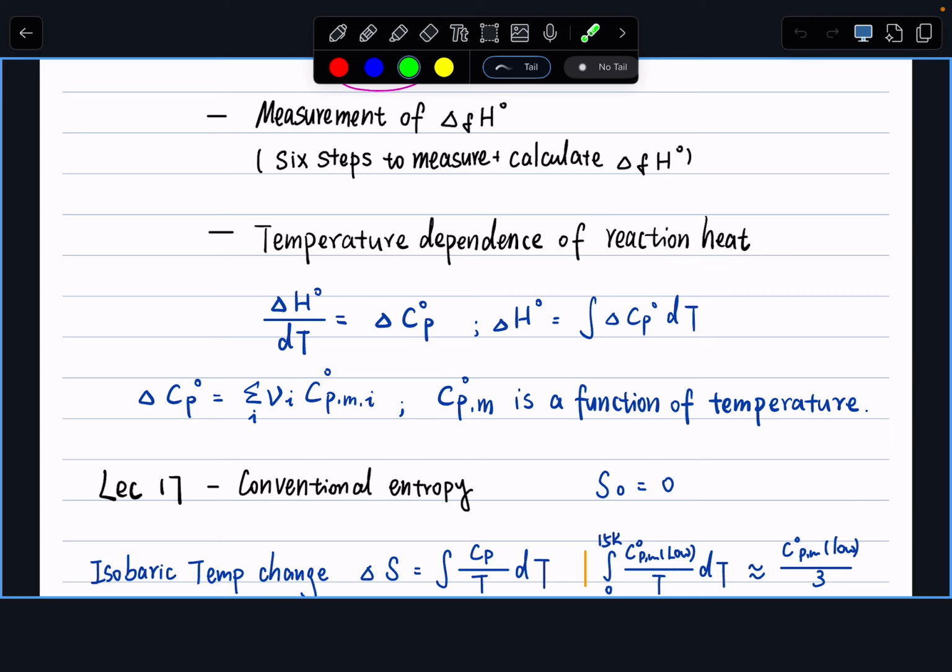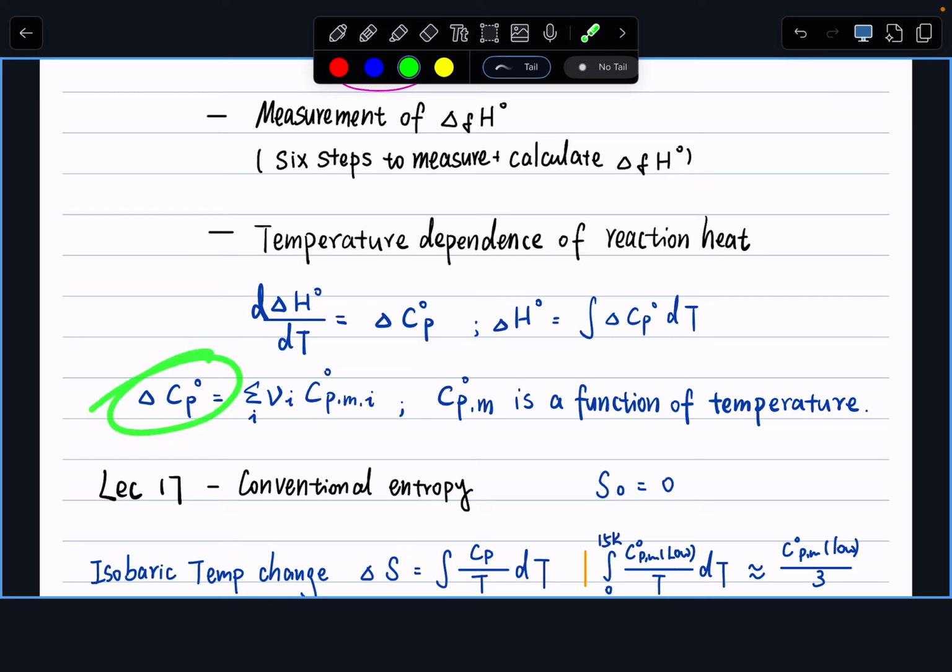We did a derivation of saying, okay, so the change of your reaction heat, or whenever we say temperature dependence of reaction heat, we're trying to describe how does my reaction heat change with respect to temperature, right? So d delta H naught over dT equals delta Cp naught. And your delta Cp naught is again defined as the sum of your molar isobaric heat capacities in standard state of species i.